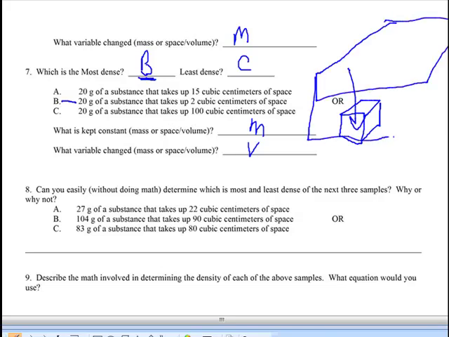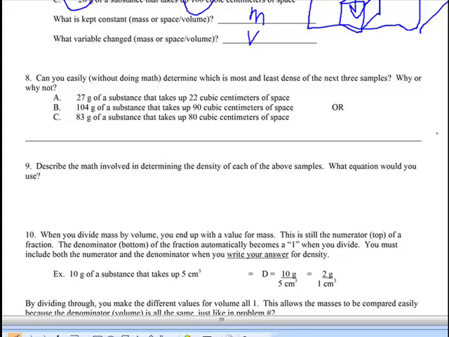We've got a box that's 100 cubic centimeters, much, much bigger. So that same amount of matter, at 20 grams, can spread out. Particles are much further apart. So that's least dense. What's kept constant? Masses are all the same. What changes? Volume changes. So these are easy to make comparisons because one thing stays the same and the other thing varies. Now look at 8.